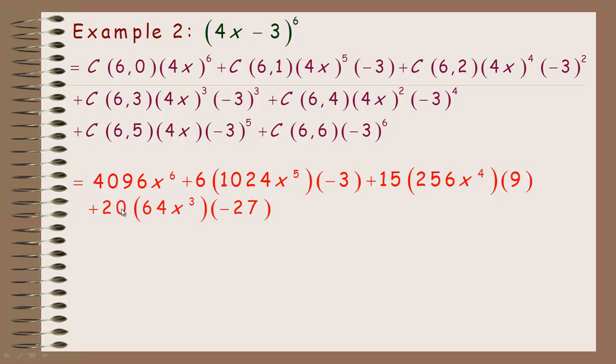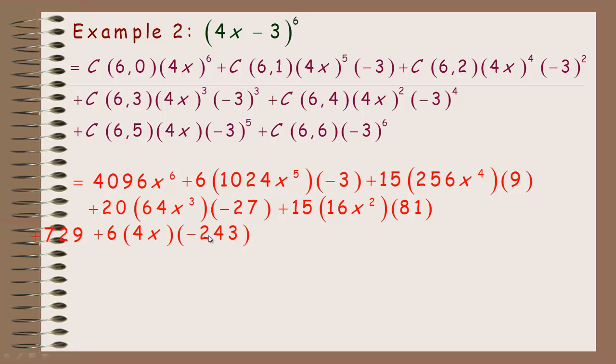From this term, 6 choose 3 is 20. 4 cubed is 64, x to the 3rd, and negative 3 times negative 3 times negative 3, or negative 3 cubed, is negative 27. 6 choose 4 is 15. 4 squared is 16, x squared, and negative 3 to the 4th is 81. 6 choose 5 is 6 times 4x times negative 3 to the 5th, which is negative 243.